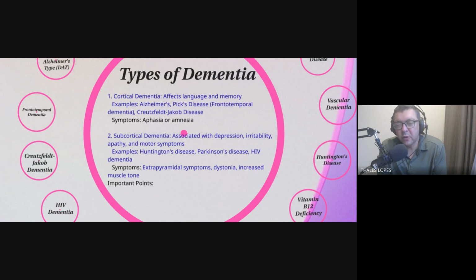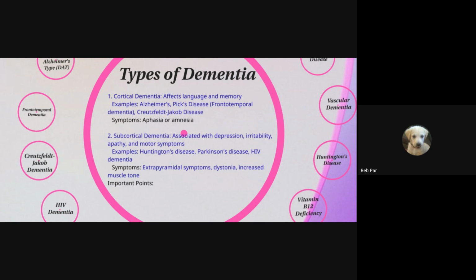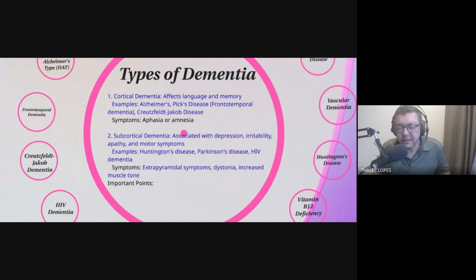And Creutzfeldt-Jakob disease. Okay, so cortical: language and memory. Now you want to write it down. Three examples of cortical dementia: Alzheimer's, Pick's disease, and Creutzfeldt-Jakob disease. Okay, so you want to memorize that.